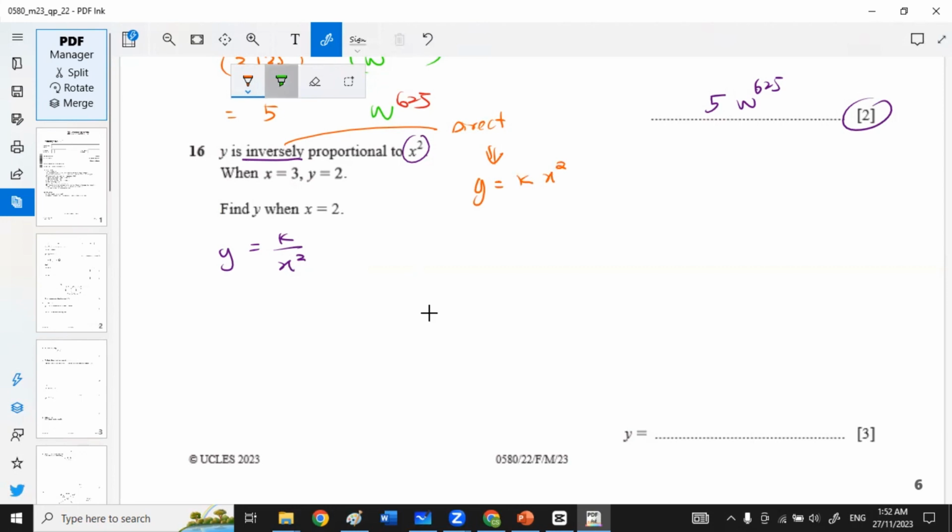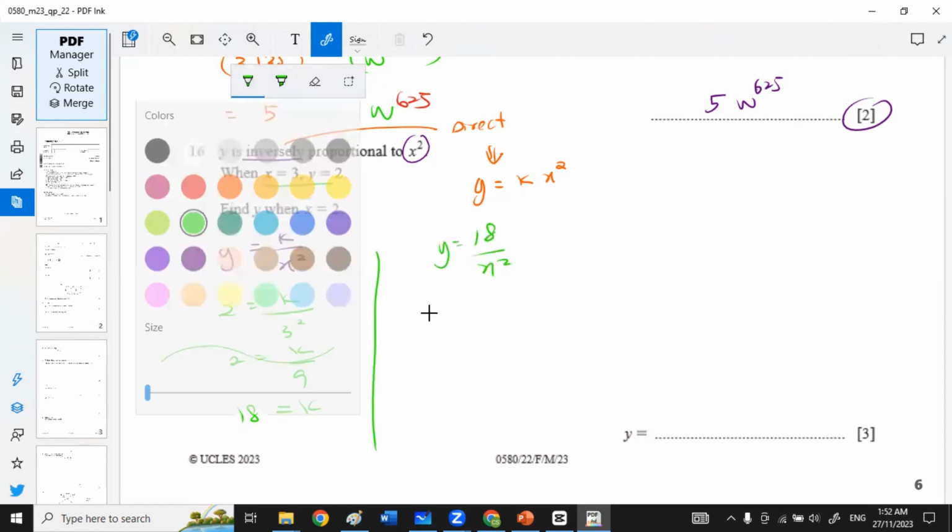In this case it is inverse. So first we need to know what k is. Normally the question will give you the x and the y, you just substitute. So 2 equals k over 3 squared. So 2 equals k over 9. So k is equal to 2 times 9, which is 18. So you get the formula y equals 18 over x squared.